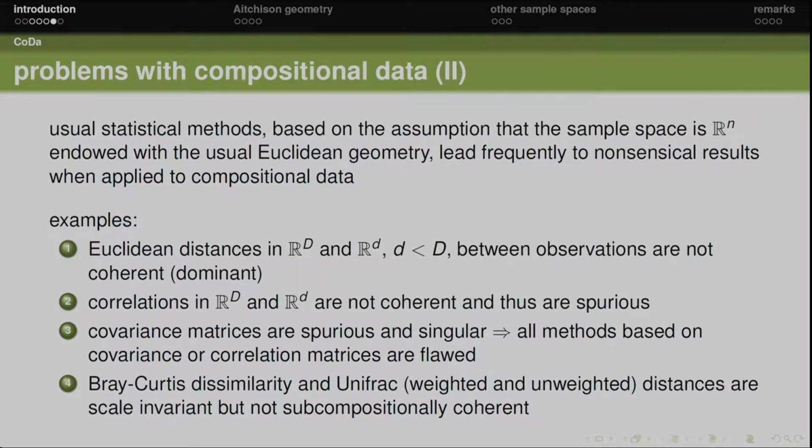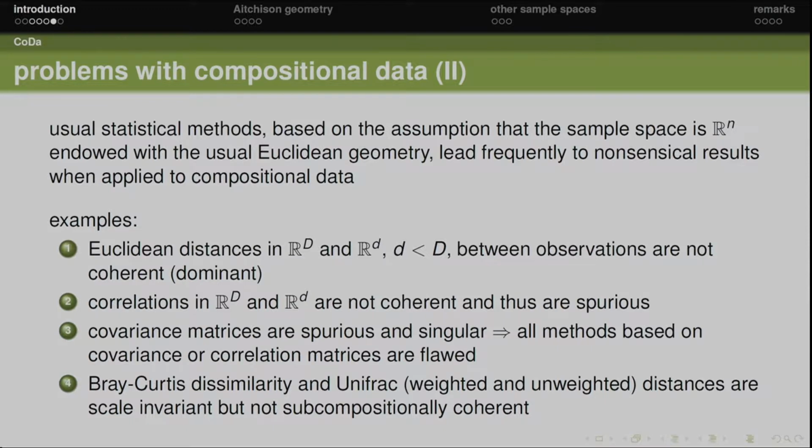They lead frequently to nonsensical results. The most frequent examples that have been seen in the literature are distances: the Euclidean distance between observations changes, but they don't change in a controlled manner. They are not all getting larger. Some are getting larger, some are getting smaller. It's kind of at random.